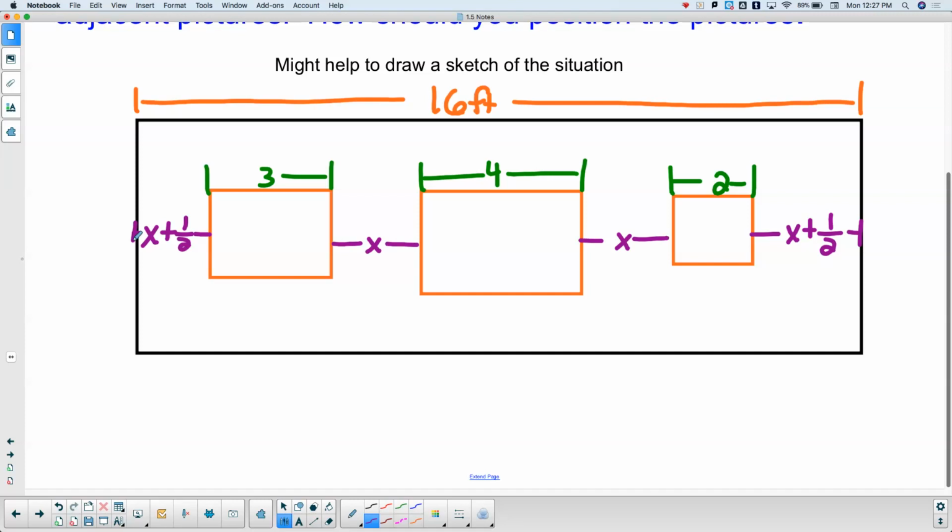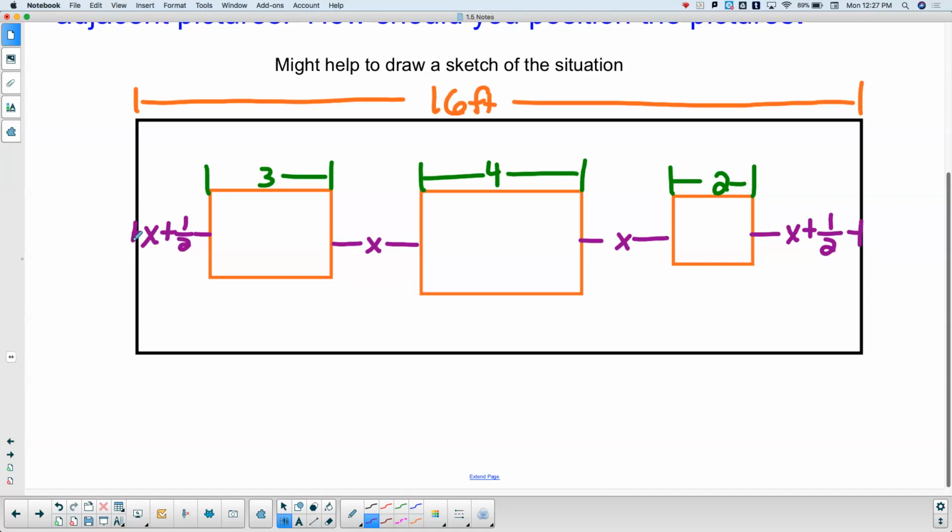Because you're saying the space that got taken up by the pictures. So we have 16 total feet of space, and you take away the 4 feet for one picture, the 3 feet for the other picture, and the 2 feet for the other picture. That leaves me with 7 feet left over. And then the 6 inches on the right side and the 6 inches on the left side, take that away.